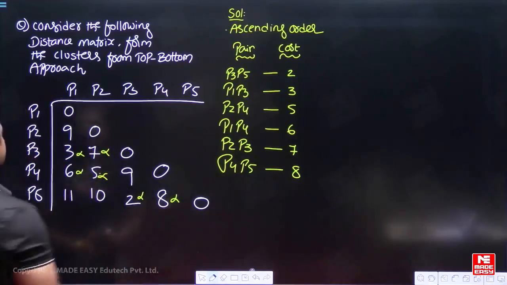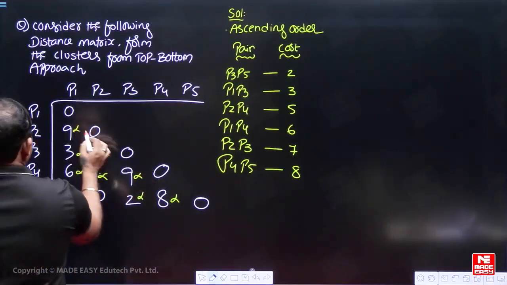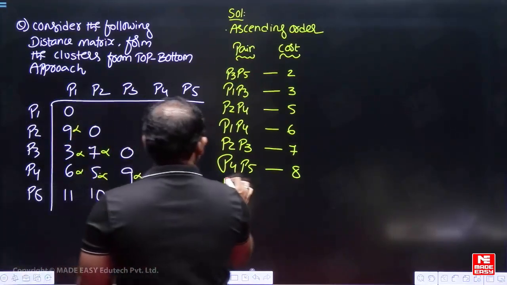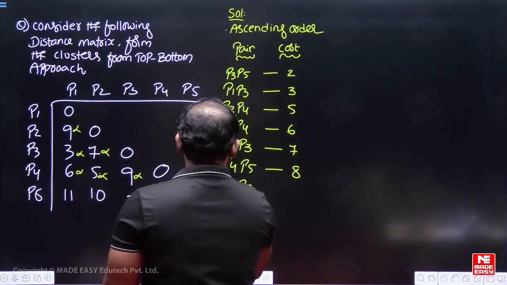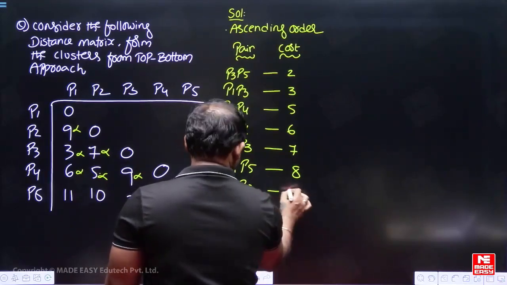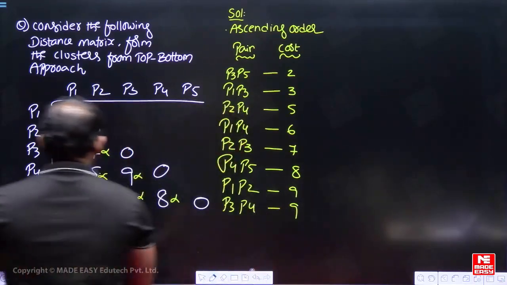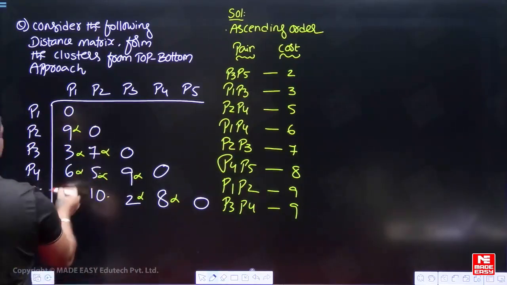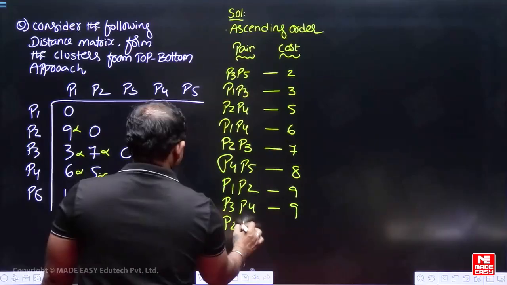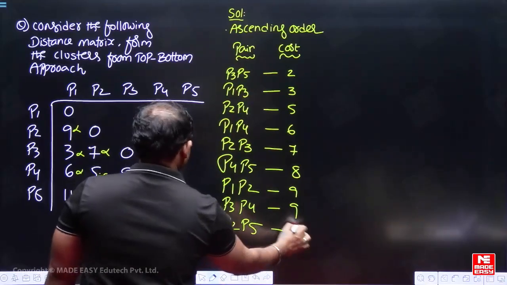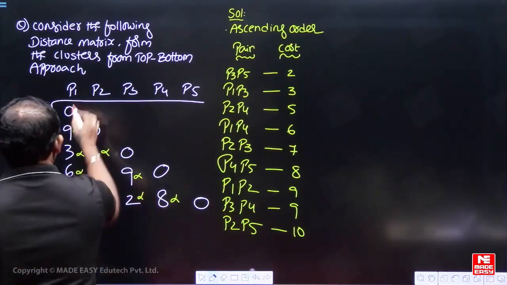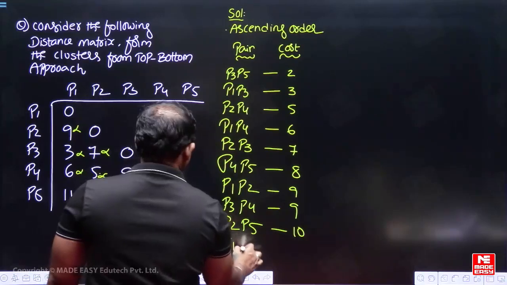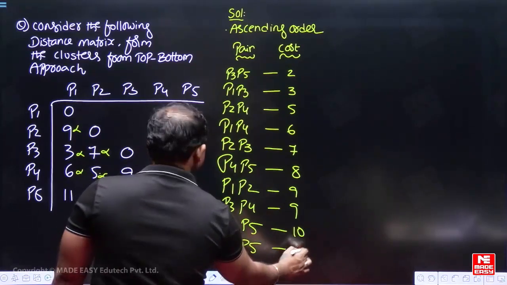Right. Next 9, P1, P2, P3, P4. Weight is 9. Okay. Next 10, P2, P5. Then P1, P5, that is 11.